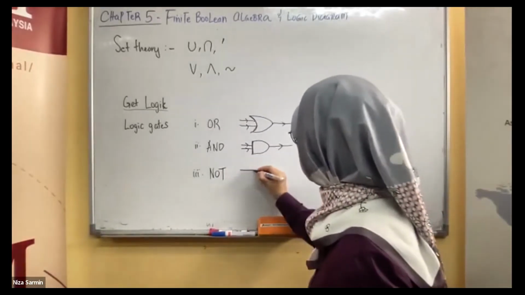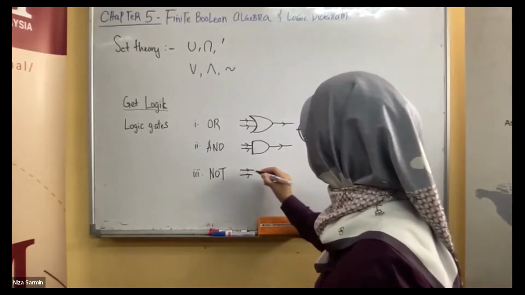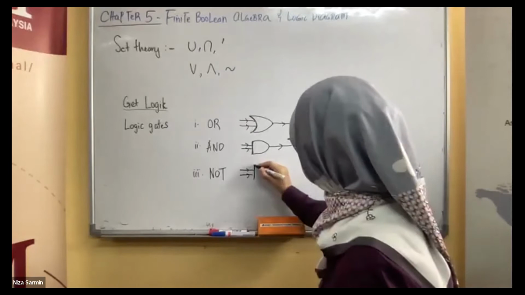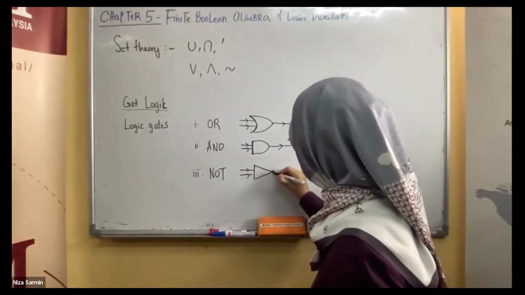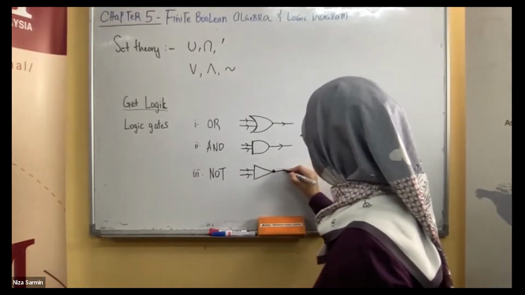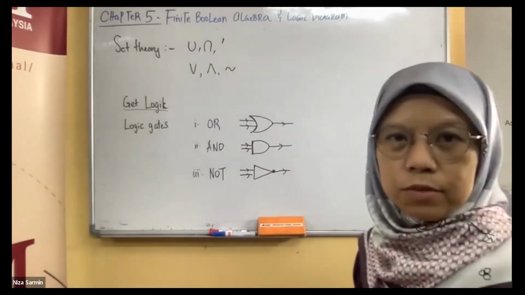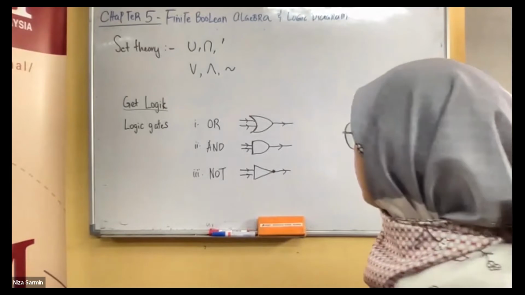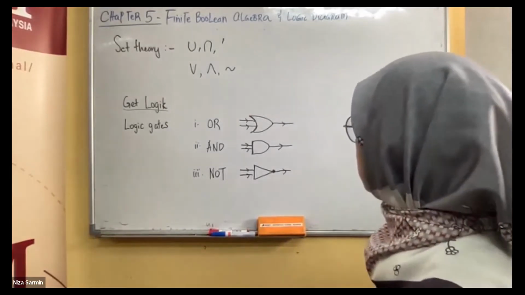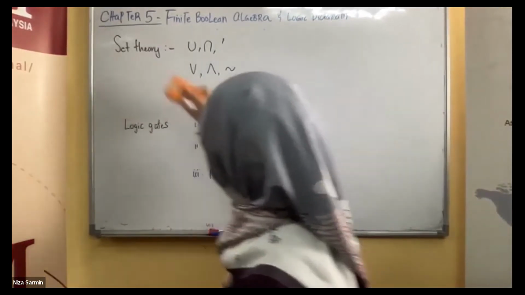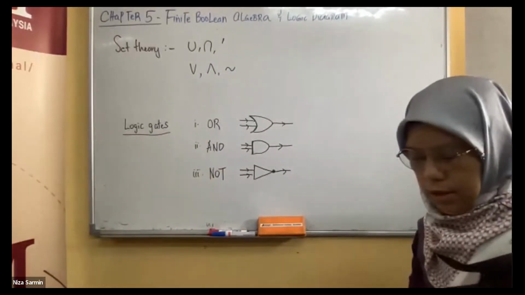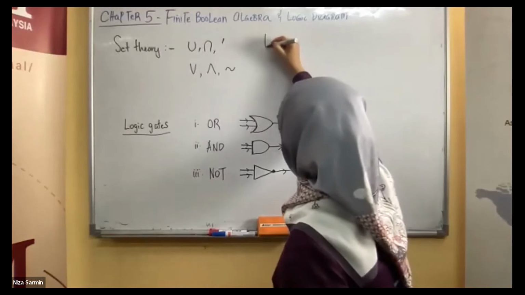The NOT logic gate has one in, and then one out. There is a triangle and one out. Now I will erase this. Now we look at the logic table.